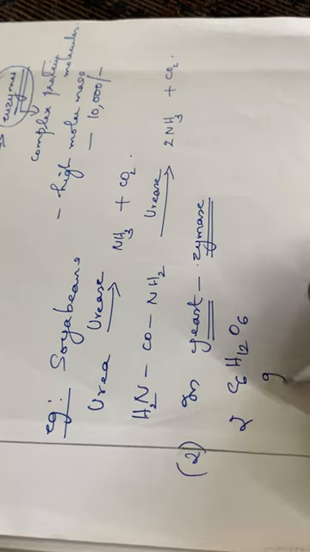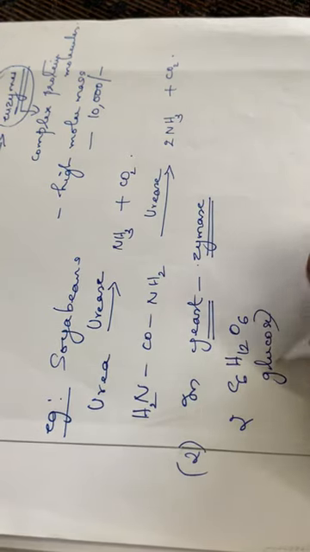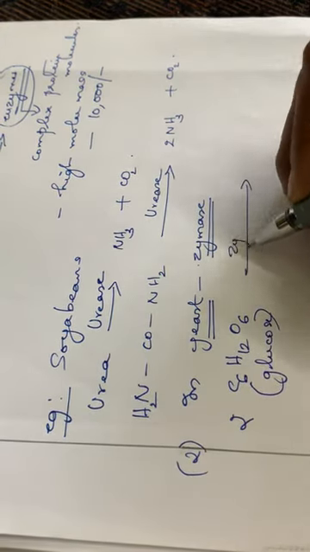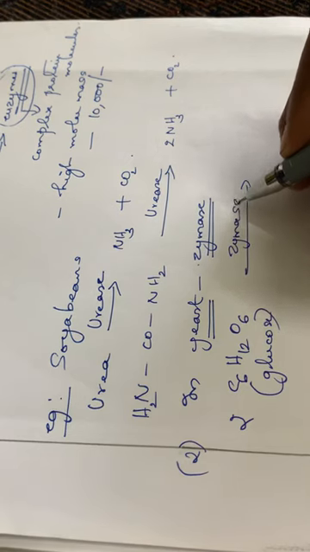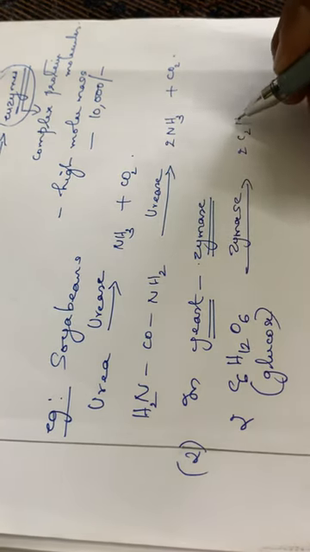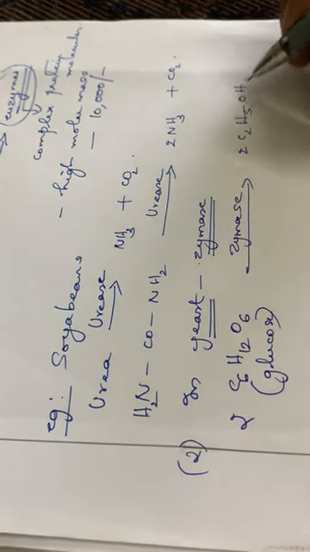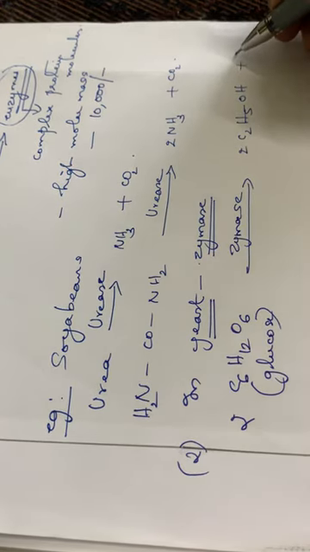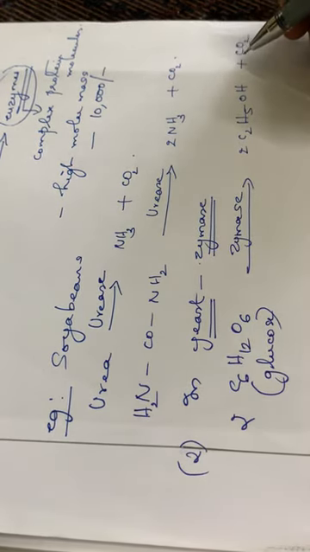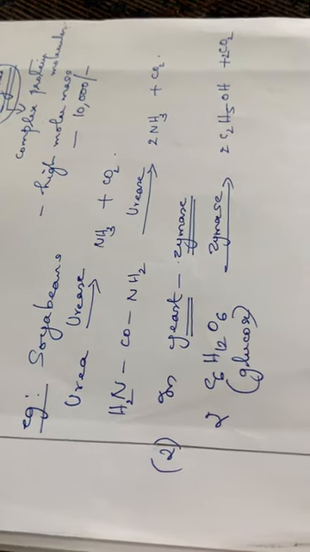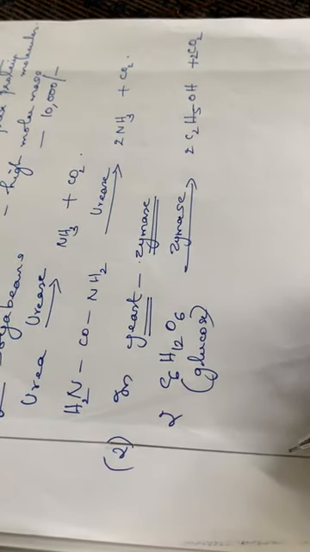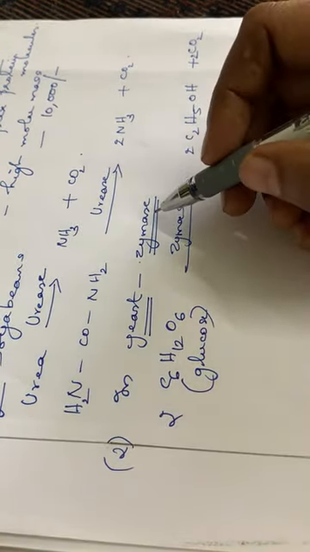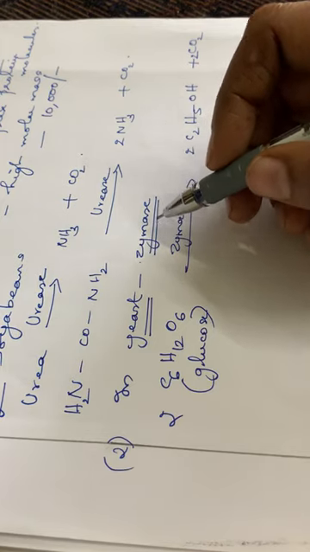In the presence of the enzyme zymase, it is converted to alcohol, C2H5OH, and, sorry, not water, carbon dioxide. Ethyl alcohol and carbon dioxide.